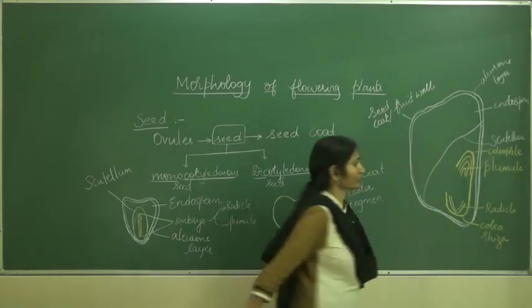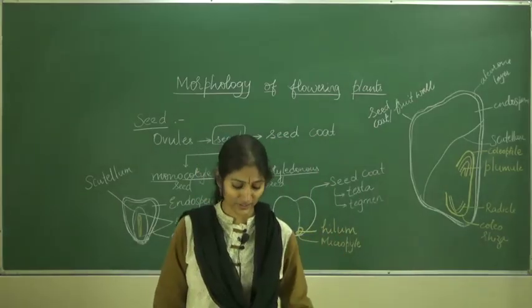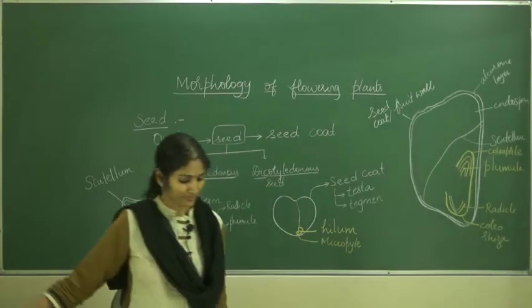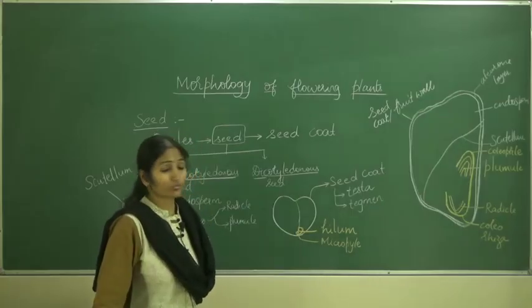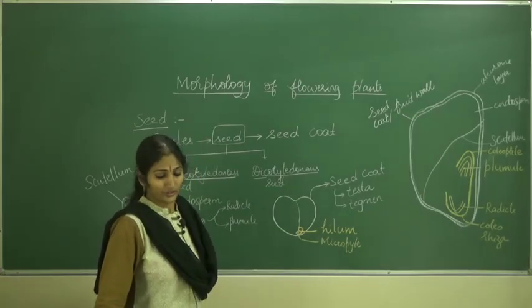Rhiza for root. So we have the coleoptile and the coleorhiza here. This is how our monocot seeds look.